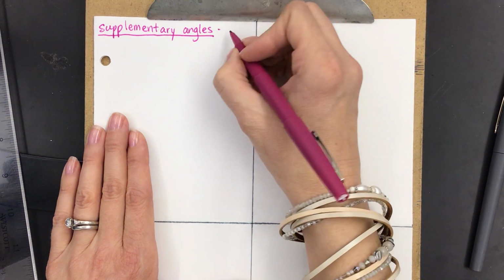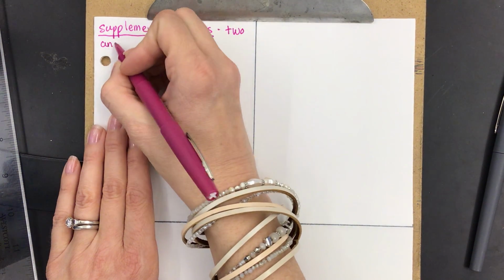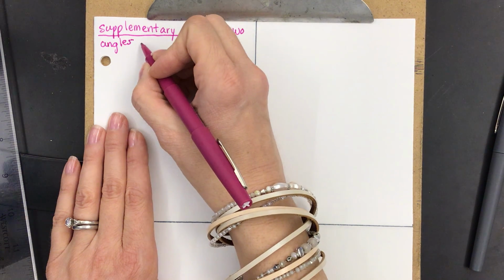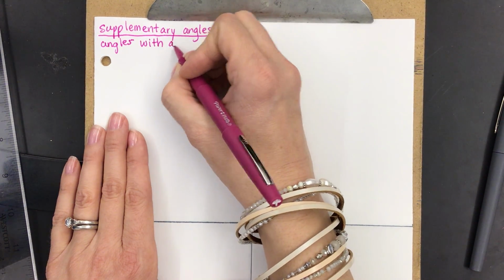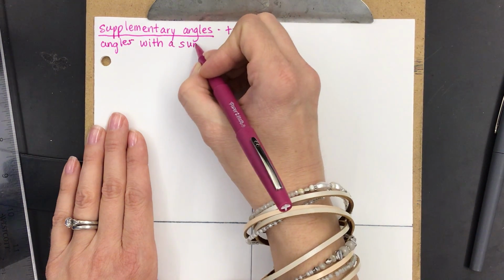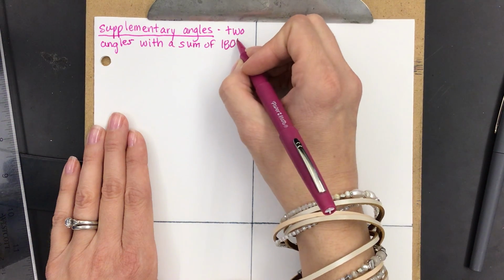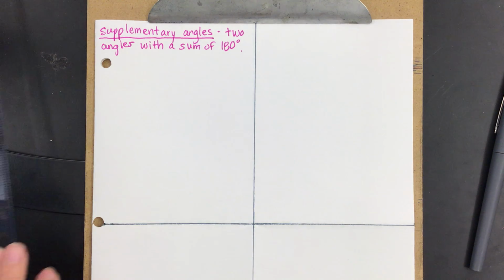Okay, so that is when two angles have a sum of 180 degrees. So two angles with a sum of 180 degrees. That's our first angle relationship that we're going to talk about. And I'm going to draw a picture too to show you.